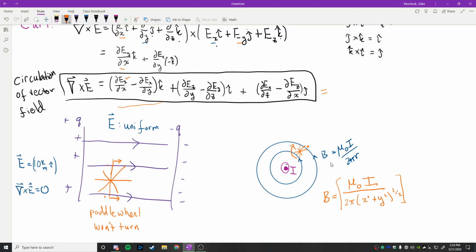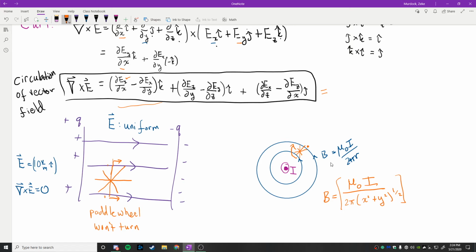This is in your lab manual, by the way. I don't know if you know this. In your lab manual, there's this whole discussion that we're basically going to be going through today. At the end of the discussion, there's a summary of different values of the curl and the divergence. Let me find exactly where it is so I can tell you.